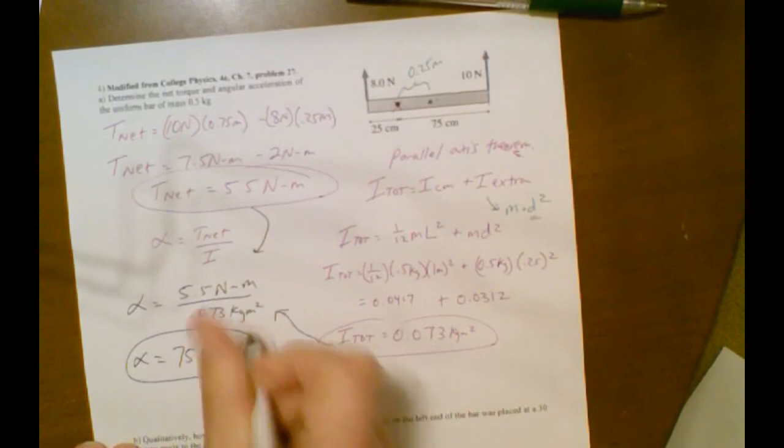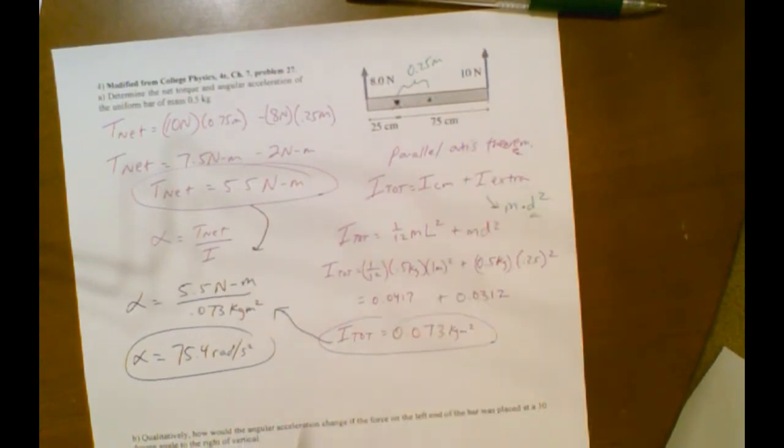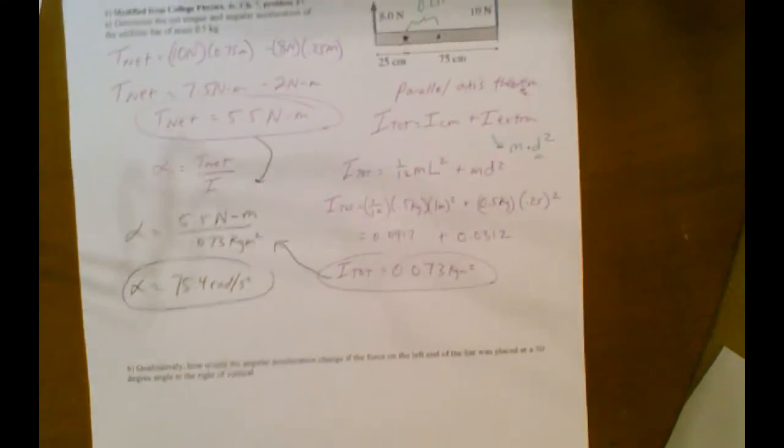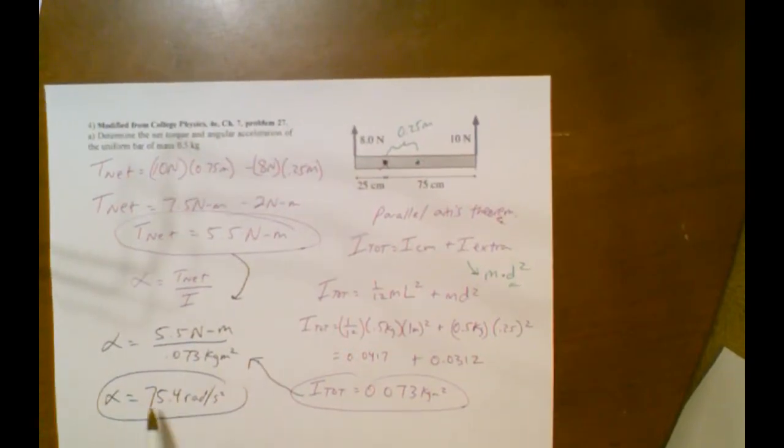Probably shouldn't be that precise since that was only given as 1 sig fig, and this is only 1 sig fig, but I don't think they're going to be worrying too much about that this year. All right, so that's its angular acceleration, and it would be positive because it would be counterclockwise. Again, I think they won't ask you that, but traditionally counterclockwise torques are positive and clockwise torques are negative.